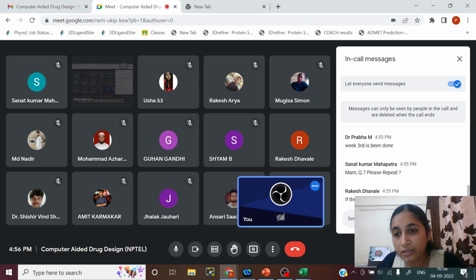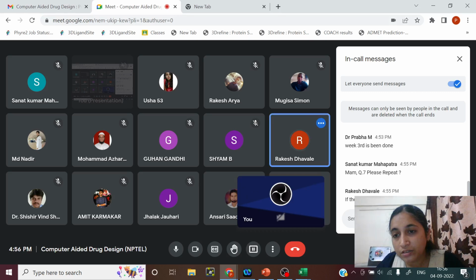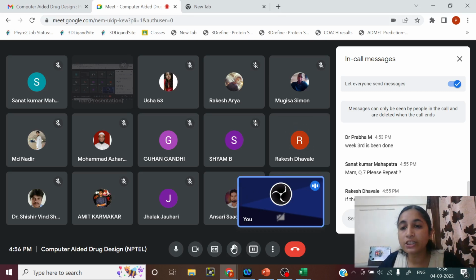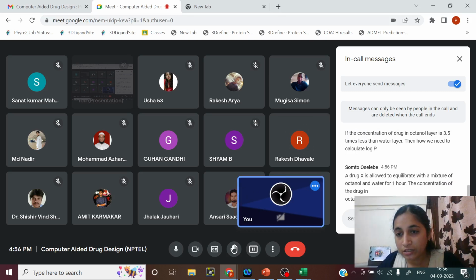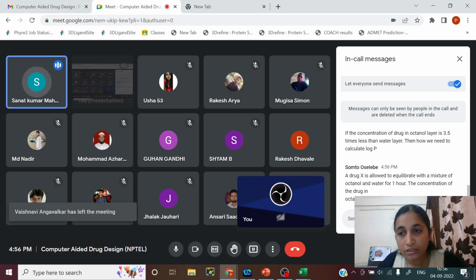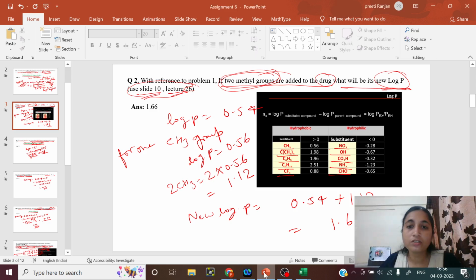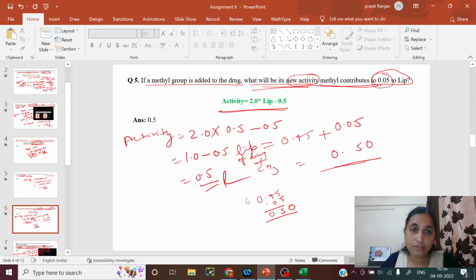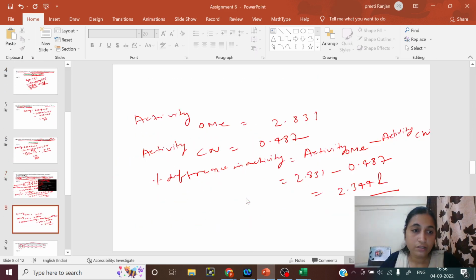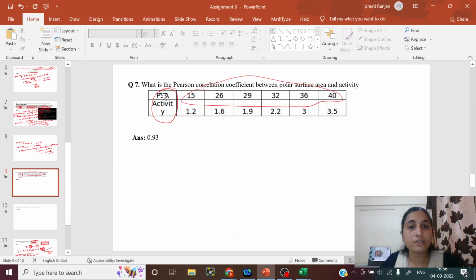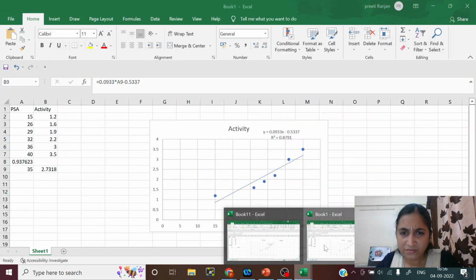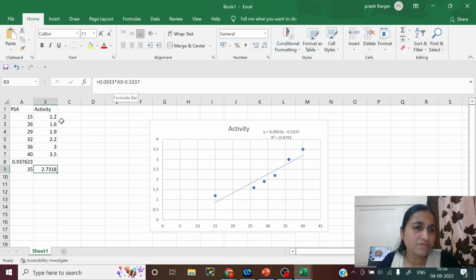Question 7. What happened, Sanat, in question 7? What formula do you want? This is question 7. You have to calculate this in Excel.